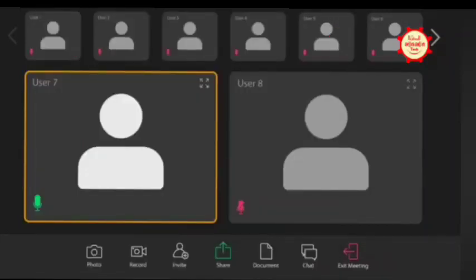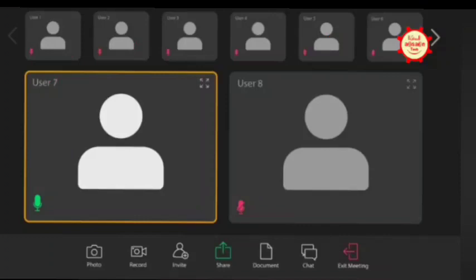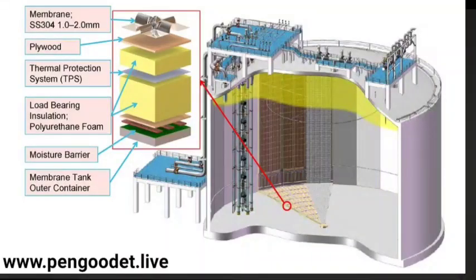One more minute. Its complete erection is also there, so I will share that one, how it will be erected. In this one, this is the erection: first one, then the second tank, then this is added, then the second wall, then the top.